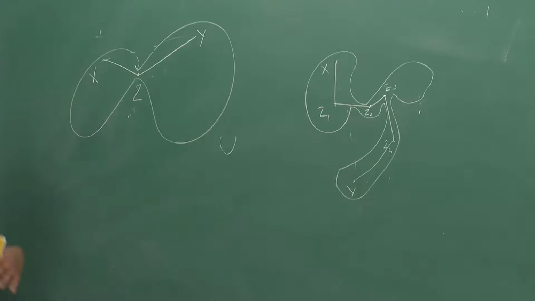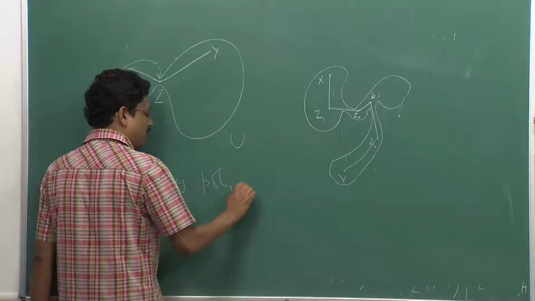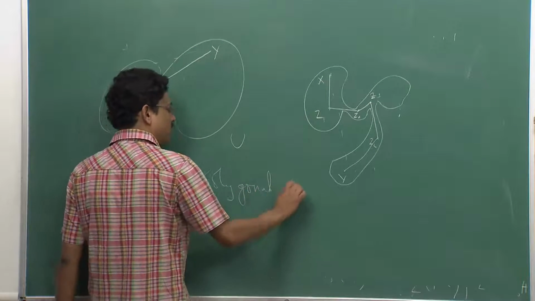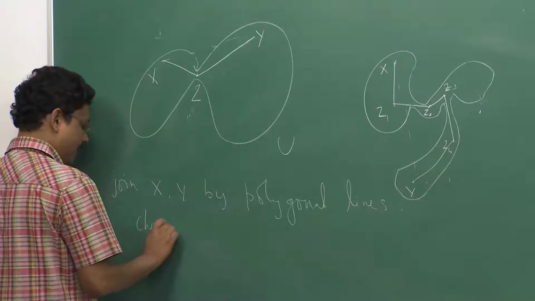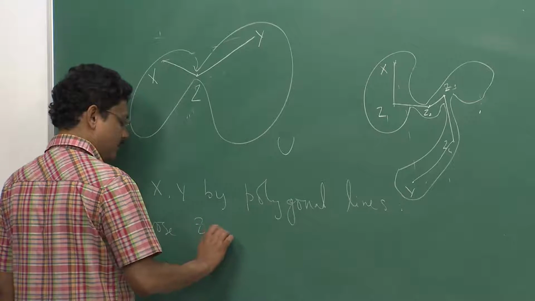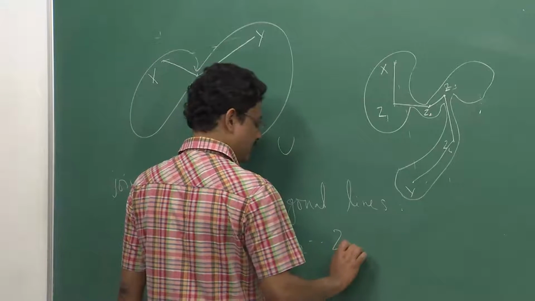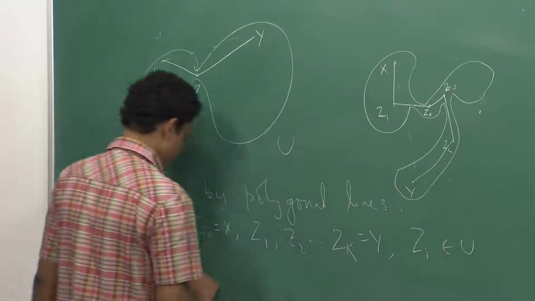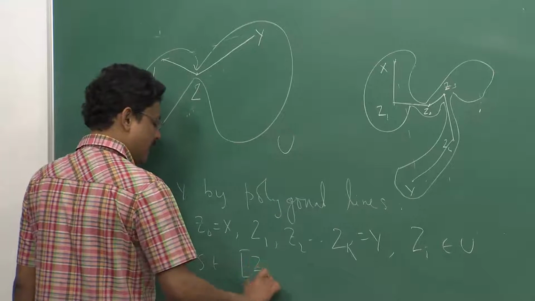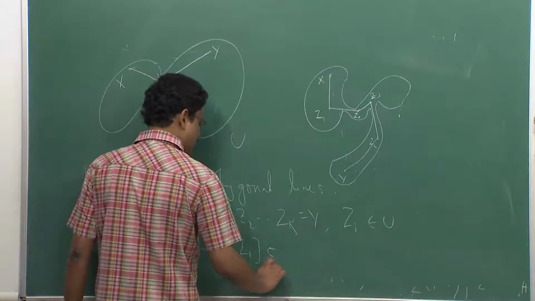So I can join x and y by broken lines, polygonal lines, meaning choose z0 equal to x, z1, z2, up to zk, finally which is y, all zi in U, such that the line from z(i+1) to zi lies in U.